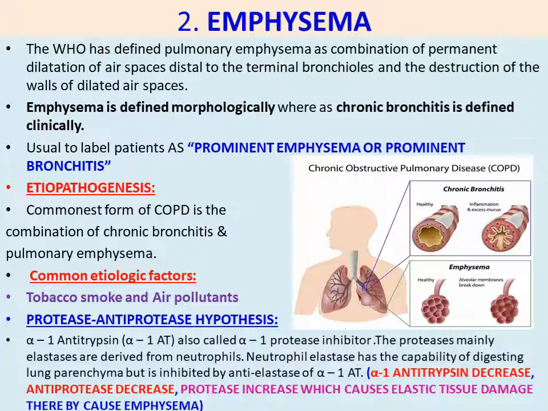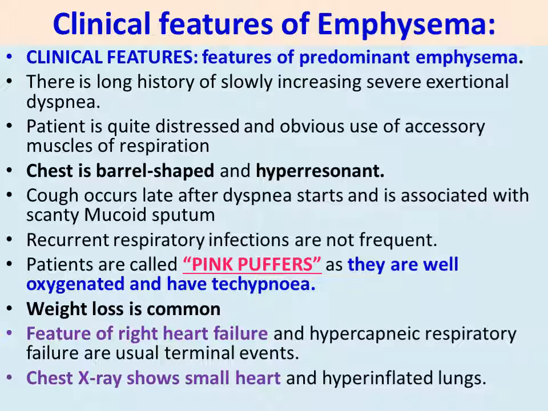You can see in the diagram the difference between emphysema and chronic bronchitis. There is inflammation and excess mucus in bronchitis, whereas alveolar membranes break down in emphysema. Clinical features of emphysema: there is a long history of slowly increasing severe exertional dyspnea.